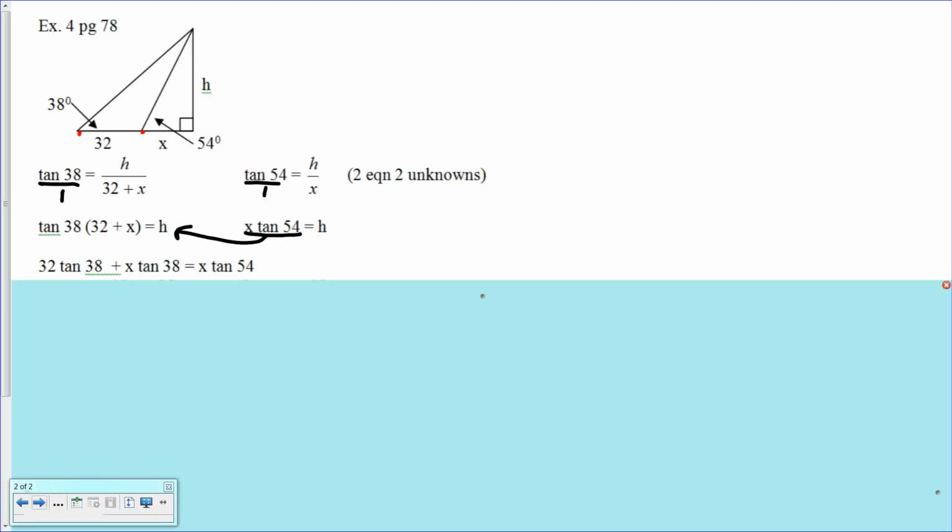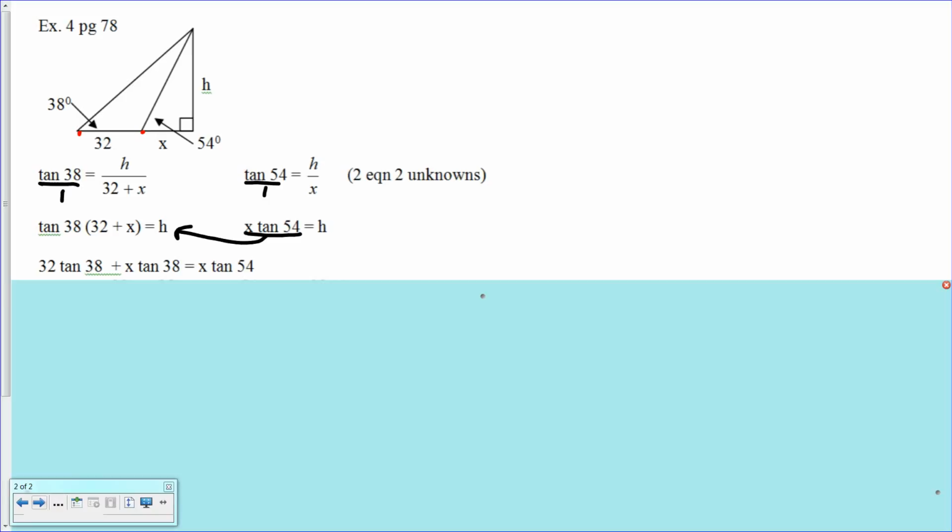Now, once you have this, it's not automatic. You have to try to figure out, how can I get x by itself? I notice that it's in two terms, and if you have an x in two terms in an equation, there's got to be a way you can get that x all by itself. The way to do it is one step at a time.